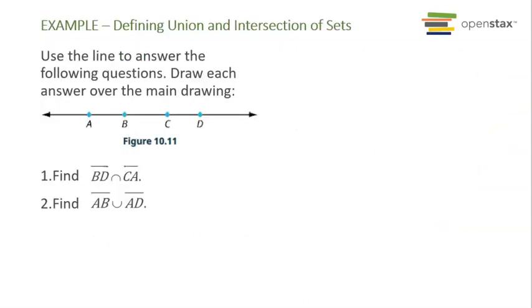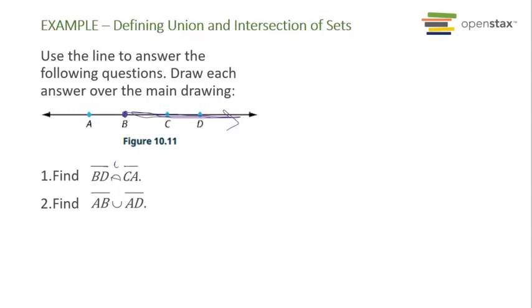So what the heck does this mean? Let's say I have this line, and this line has 4 points on it, A, B, C, and D. And I want to find the intersection. Because this looks like an A, for "and," things that are in, what's that ray? BD, start at B, head out to D forever, like this.